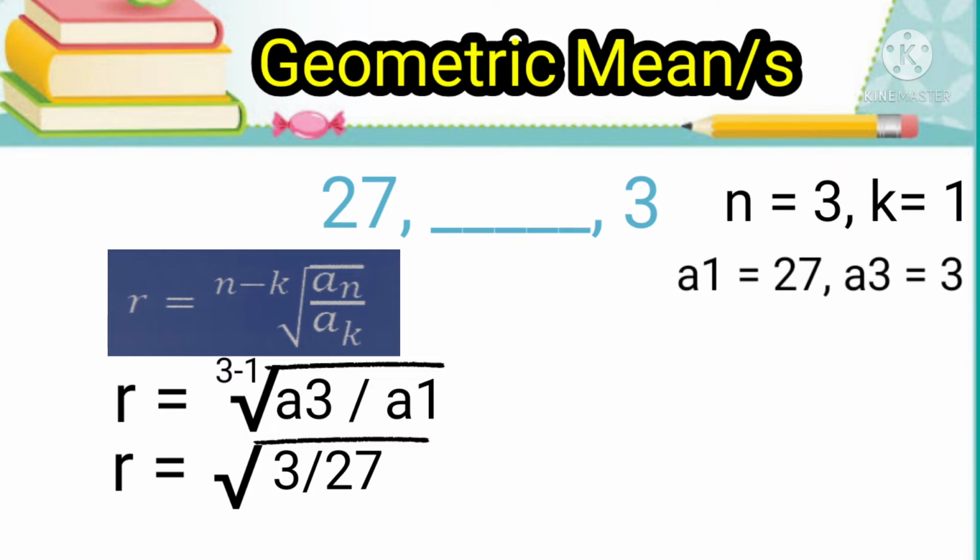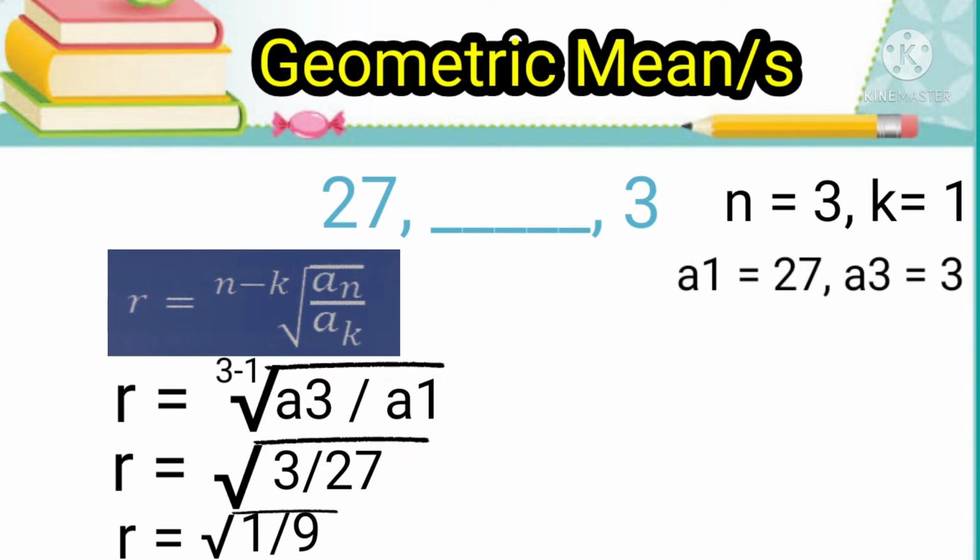And we will simplify what is inside the radical symbol, which is 3 over 27. Reduce that to lowest terms, that becomes 1 over 9 because the common factor is 3. Now, how to get the square root of a fraction or the square root of 1 over 9?